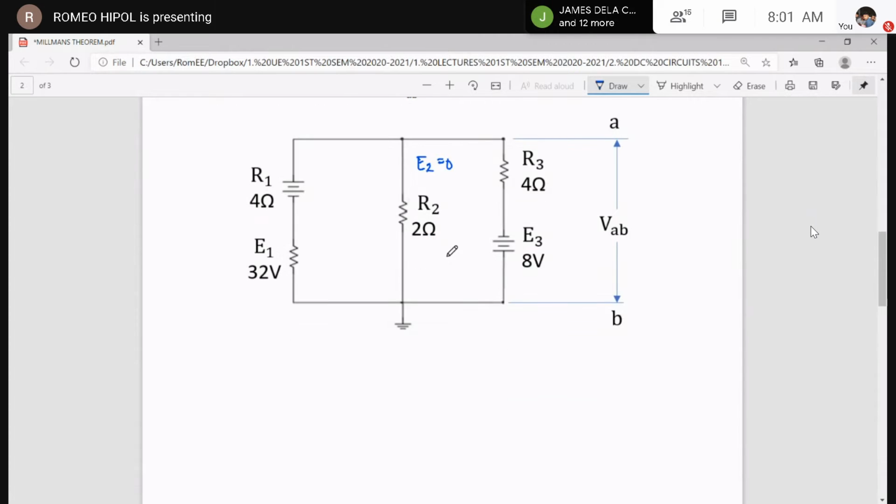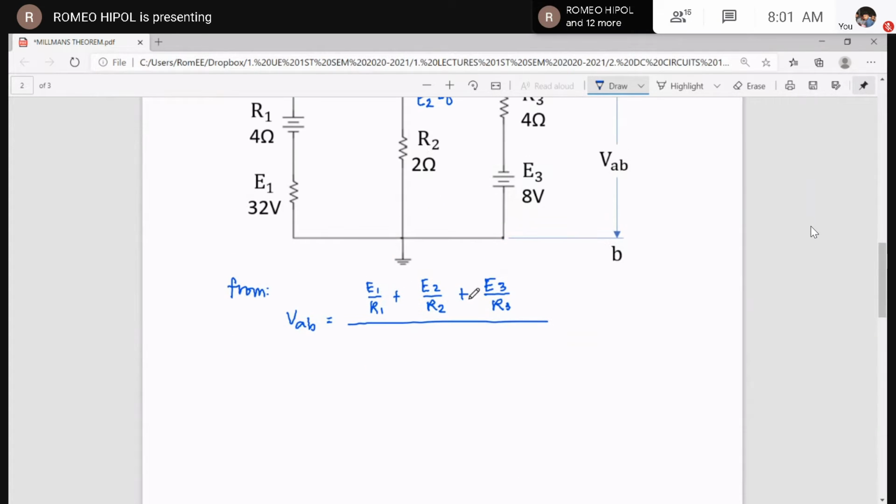Okay, so apply the Millman's theorem formula, from the initial formula. So, pwede nyo i-set as a guide. Di ba? We have three branches. So, meaning, we have E sub 1 over R sub 1 plus E sub 2 over R sub 2 plus E sub 3 over R sub 3 divided by the sum of the conductance per branch.